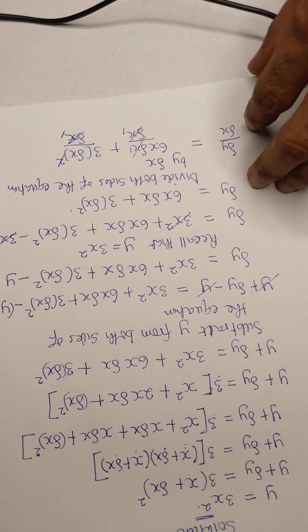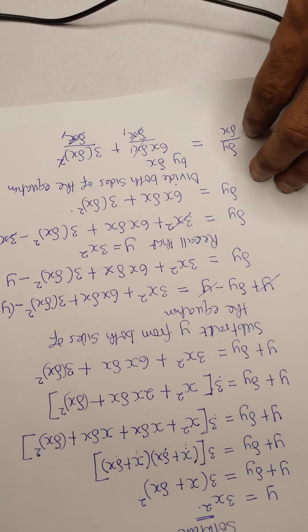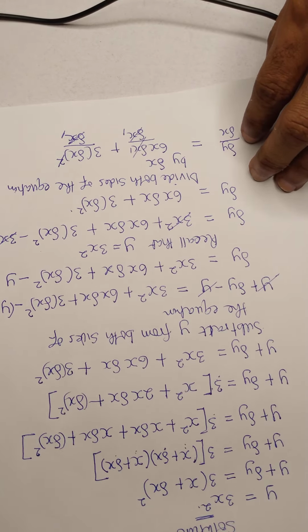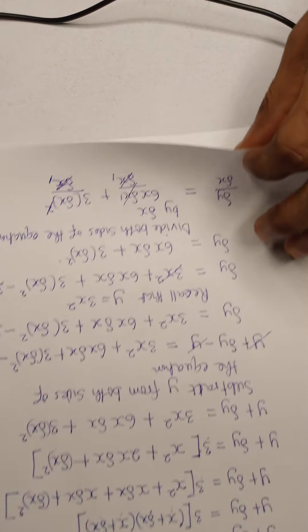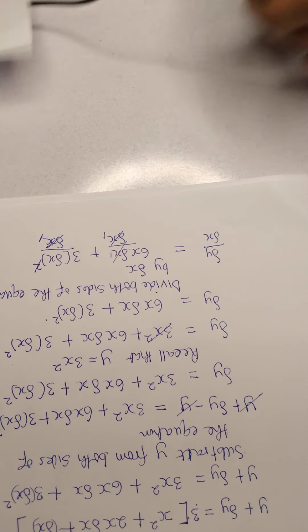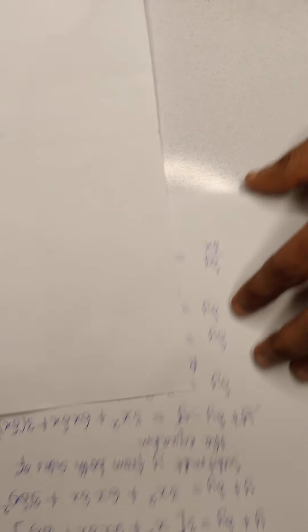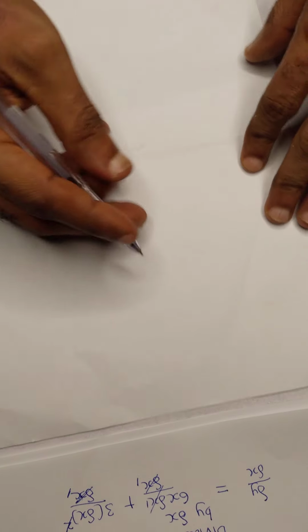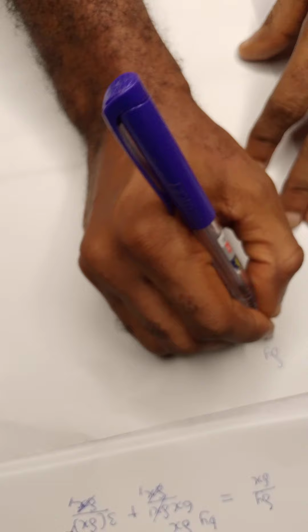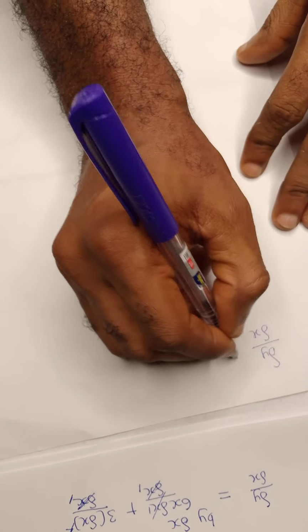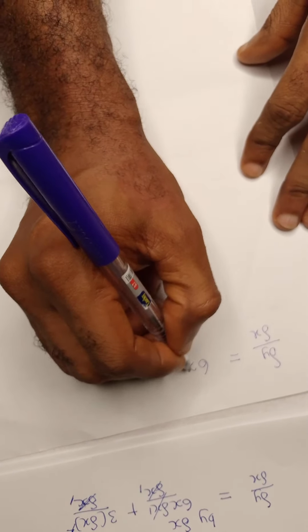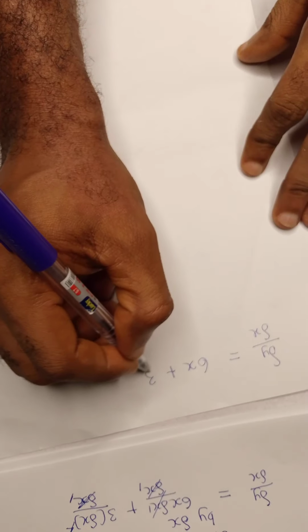So we are going to be left with our next equation: change in y all over change in x equals 6x plus 3 change in x.